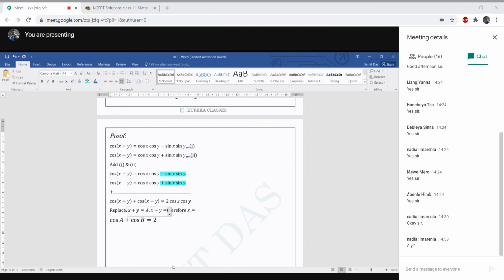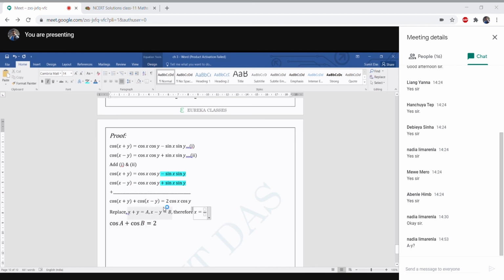Anyone? You have to tell me in terms of A and B. Obviously, if x plus y equals A, I can write x equal to A minus y, but why would I write y? I want it in terms of A and B.